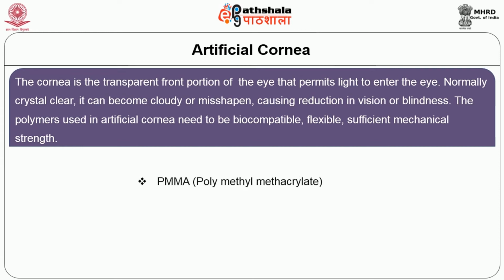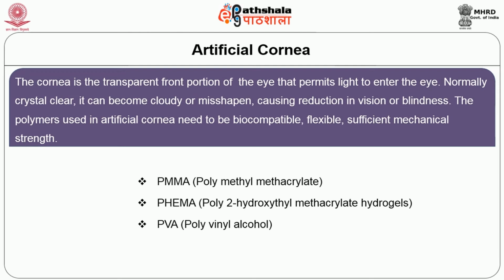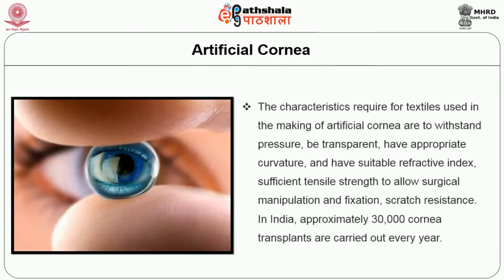The artificial cornea is made with the following materials: PMMA, PHEMA, PVA. The characteristics required for textiles used in making artificial cornea are to withstand pressure, be transparent, have appropriate curvature and a suitable refractive index, sufficient tensile strength to allow the surgical manipulation and fixation, and scratch resistance. In India, approximately 30,000 corneal transplants are carried out every year.